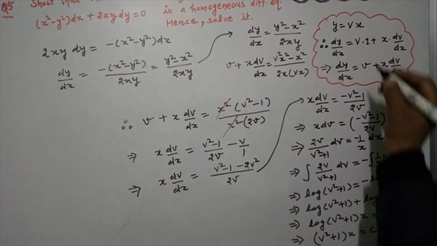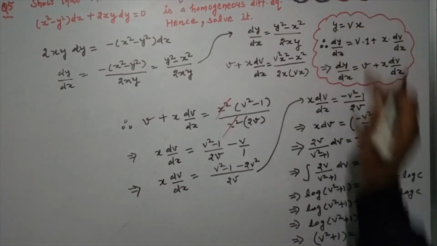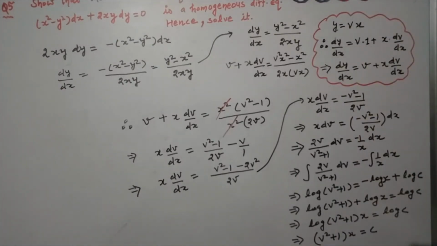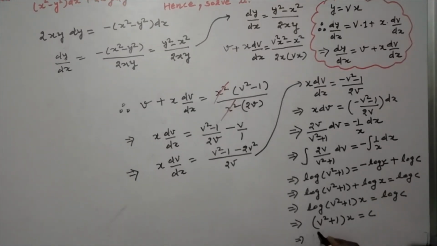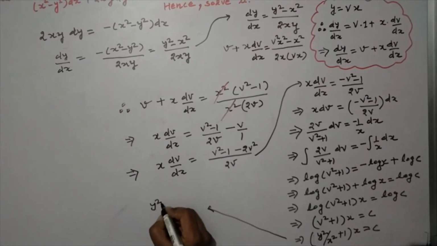So what was v? V means y upon x, so from here v is equal to y upon x, so v² becomes y² upon x². This means (y²/x² + 1) into x is equal to c.